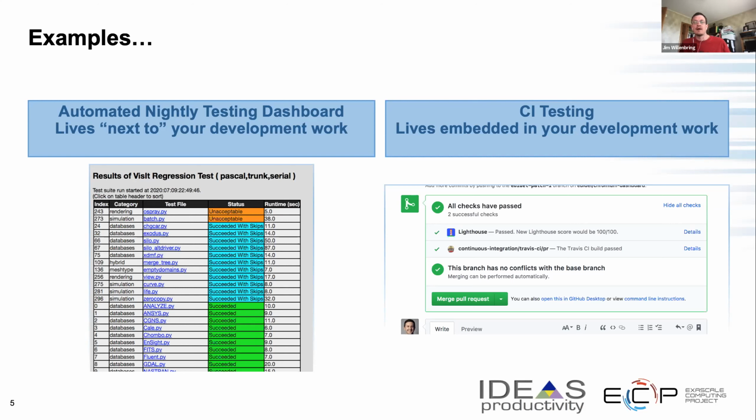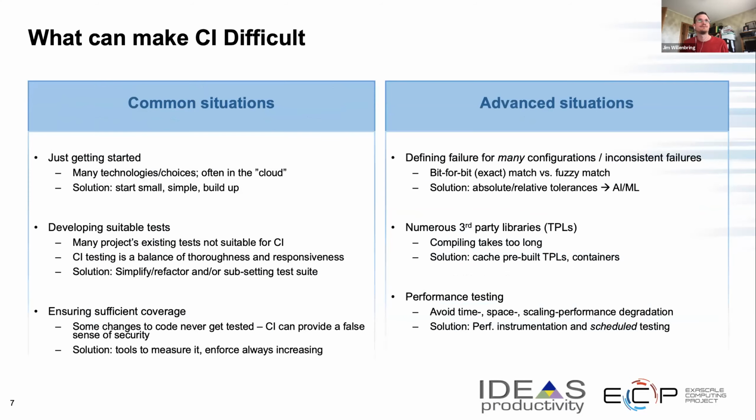Here you see within a GitHub pull request that the green merge button can be configured in such a way that it is not clickable. You cannot merge until the Lighthouse set of tests has passed, and the Travis set of tests in this example has passed. So it's literally part of the development workflow. It has to be completed before you're even allowed to merge.